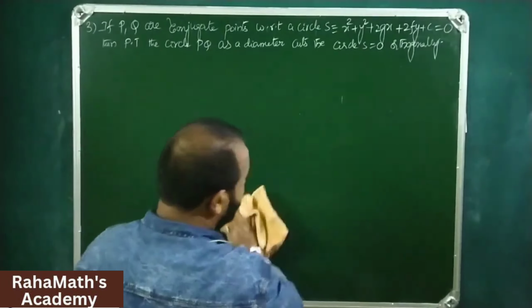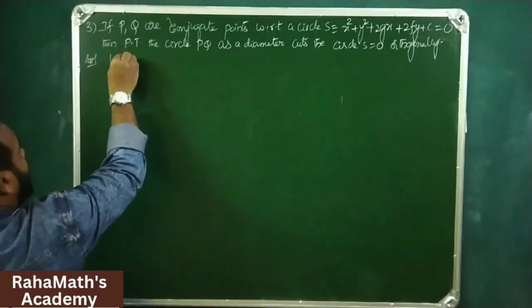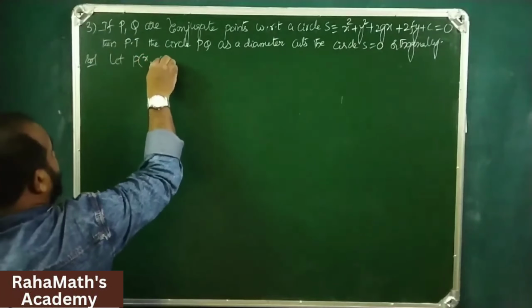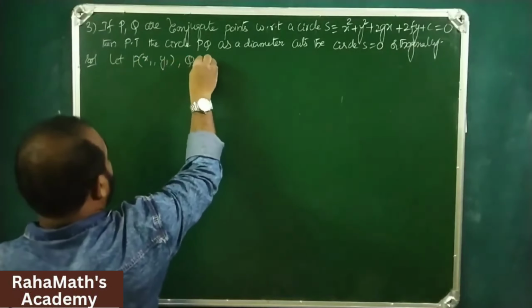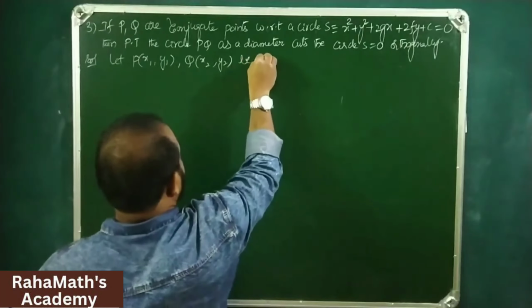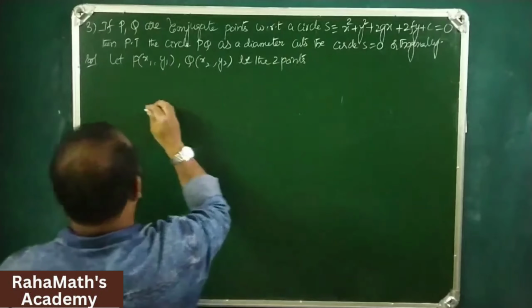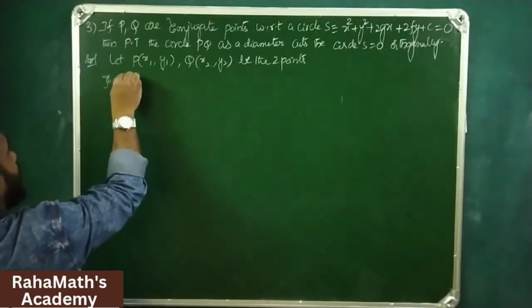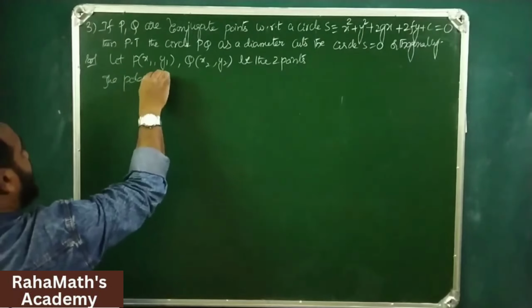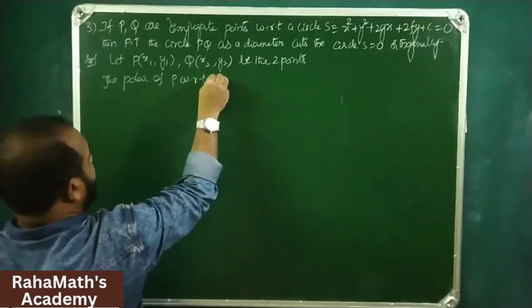Okay. First of all, let P (x1, y1) and Q (x2, y2) be the 2 points. The polar of P with respect to S equals 0.